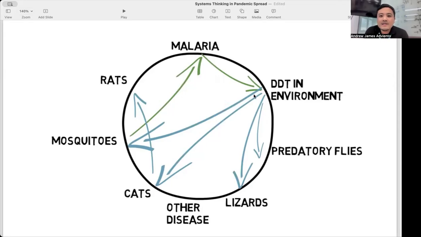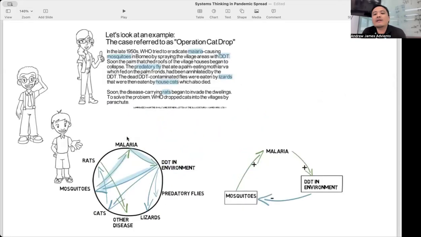As you can see, actually in here, we made a loop. We made a loop out of the malaria, DDT, environment, and mosquito. So out of that, you can start making your loop, your CLD. From the malaria, DDT, mosquitoes, they're trying to eradicate mosquitoes.